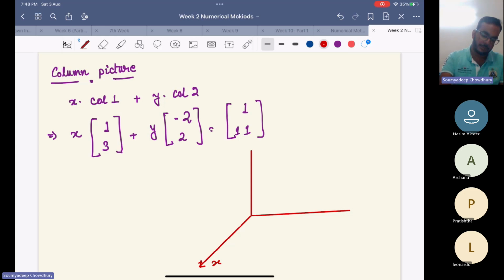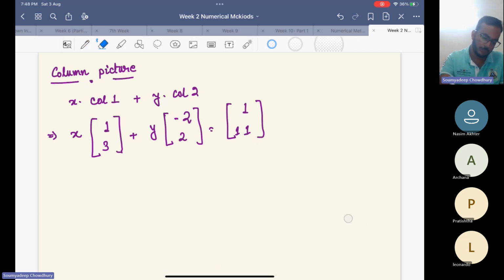This is x and y. First we have a vector (1, 3), and we will represent that here, so x is 1 and y is 3. The 3D thing is not required, sorry, it is just a normal 2D plane.